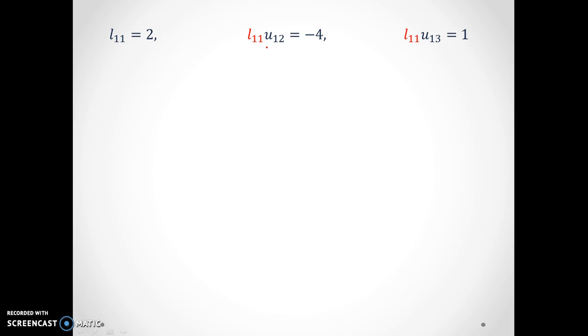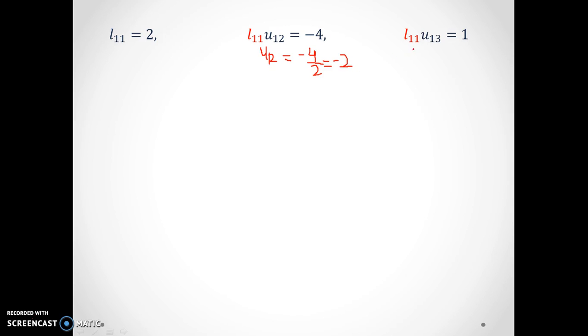So using this, I can write U12 equal to minus 4 upon L11. But what is L11? L11 is 2. So finally what I'm going to get is minus 2.